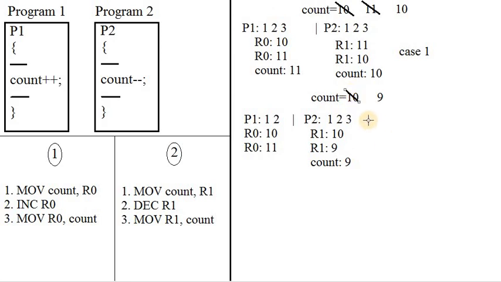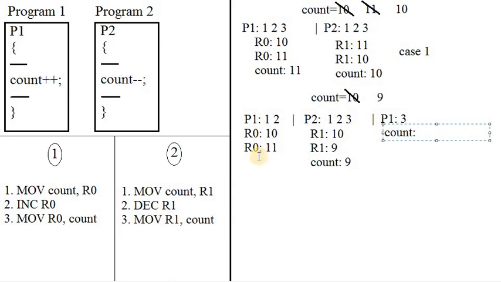Okay, now so let us continue with our pending instructions. Which instruction pending up to now? The third instruction from P1. So let us separate this by a pipe symbol. So what is the third instruction in P1? Move R0 comma count. So R0 value will be moved to count. So here count value will be updated now with the new value, that is R0.